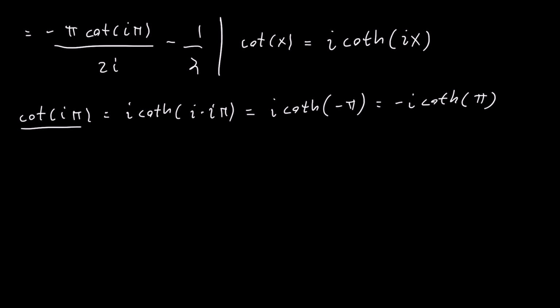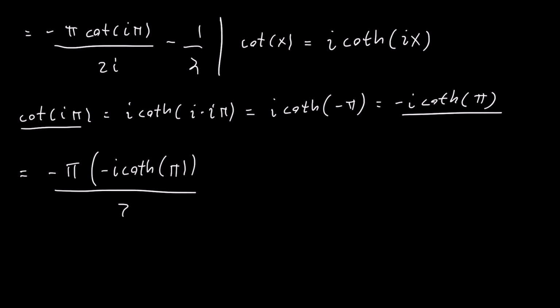So using that cotangent of i pi equals this, we have a minus pi times minus i hyperbolic cotangent of pi over 2i, minus a half. And as you can see, these negatives will turn to a positive, and this i will divide to 1.